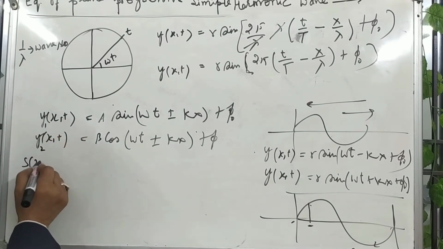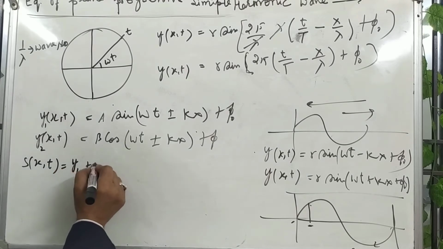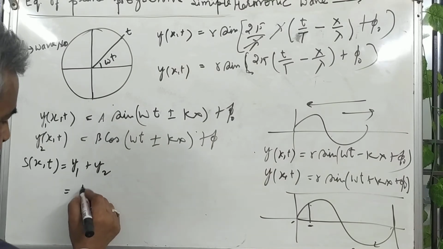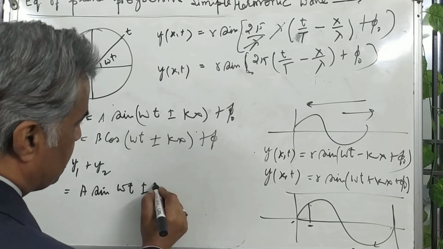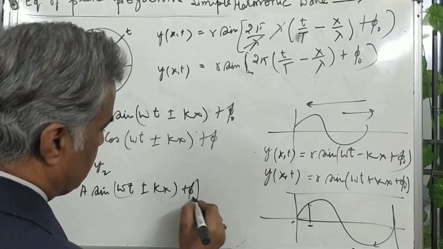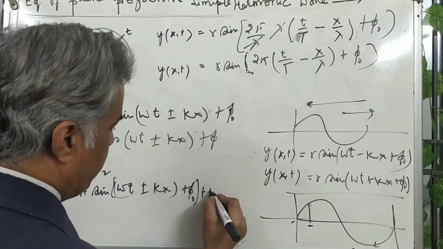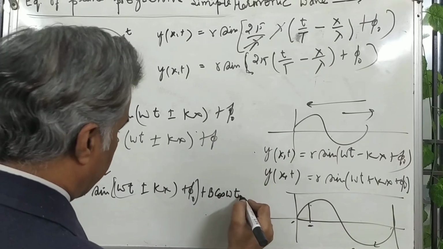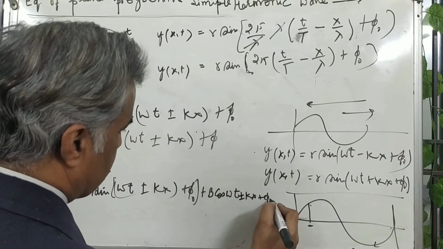So s(x,t) is y1 plus y2, and you will write A sin(ωt ± kx + φ₀) plus B cos(ωt ± kx + φ₀).